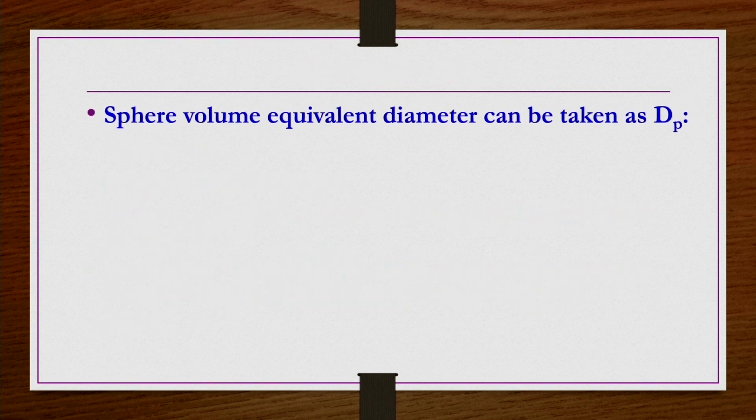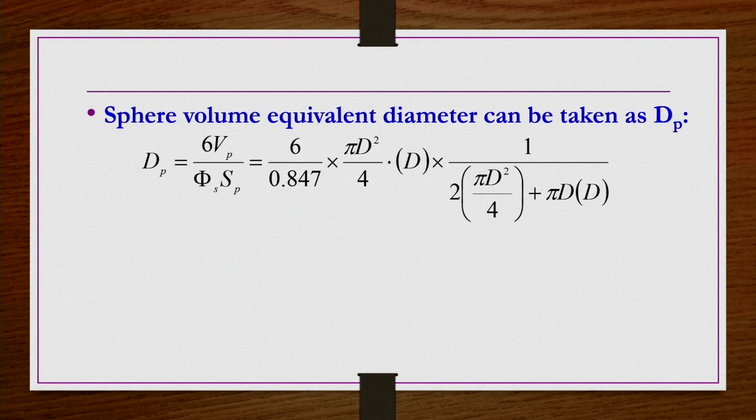Sphere volume equivalent diameter can be taken as dp here, and dp is equal to 6 Vp by phi s Sp. Vp is nothing but the volume of the particle, Sp is nothing but the surface area of the particle. Now the particle is a short cylinder, and phi s is the sphericity of that short cylinder. For short cylinder sphericity, we have already found it as 0.847, okay, in chapter 1.